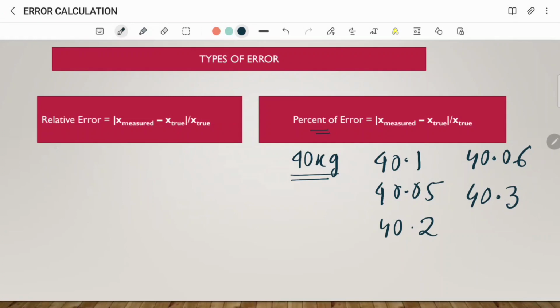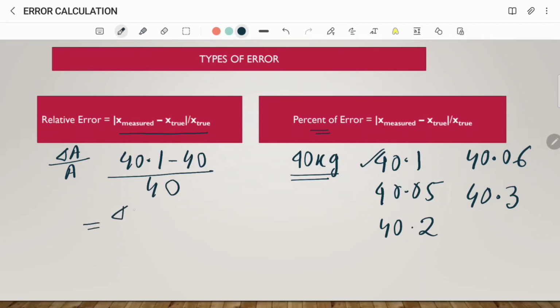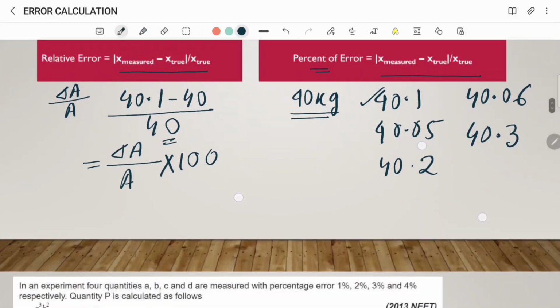So the relative error that we just now had written as delta A by A is defined by this. That means the measured value minus 40, the true value, divided by the true value. This is called the relative error. So this is the delta part and this is the true value. And in case of a percentage error, we write the same thing and multiply it by 100. This formula is wrong over here. We have to multiply it by 100. So that is our percentage error.